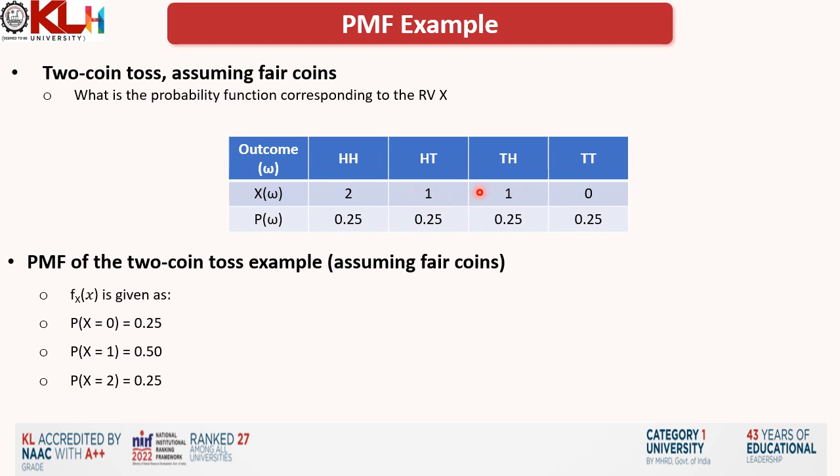There are two possibilities, so we combine these two probabilities and you get 0.5. And the probability of X taking a value 2 is 0.25. And the PMF is 0 for all other values.